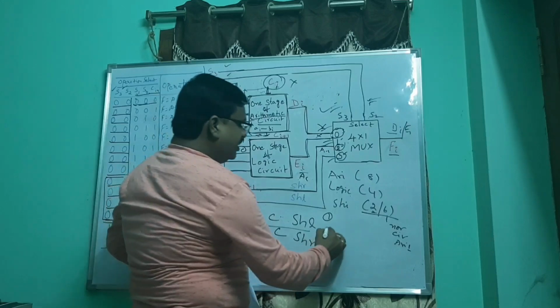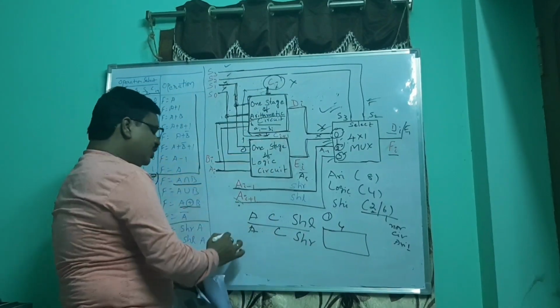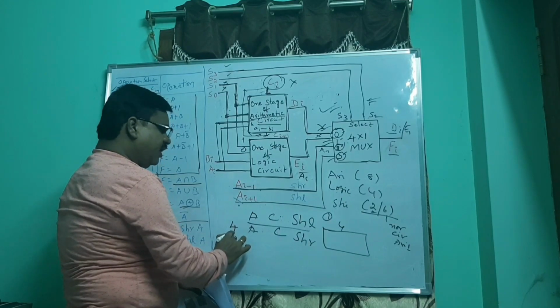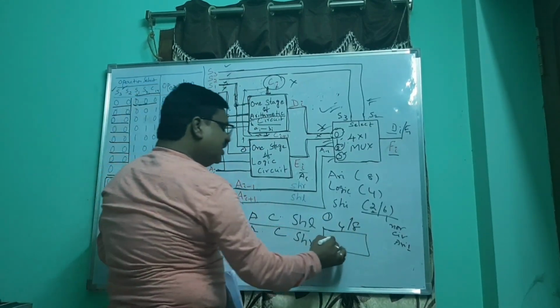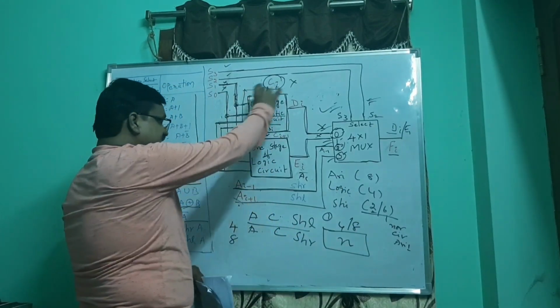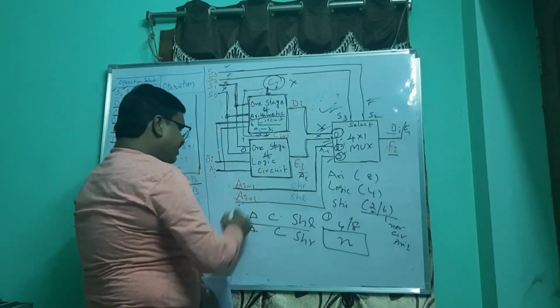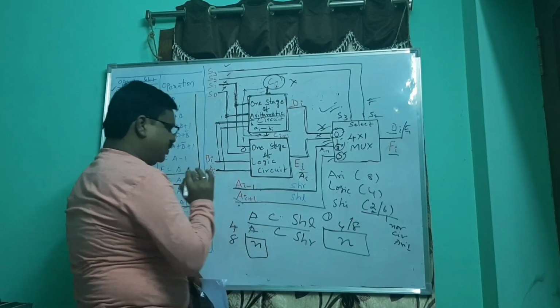If your register size is 4 bits, such type of circuits you need to have 4. If register size is 8, you need to have 8. So it depends upon the size of the register. If the size of the register is n, such 1 bit hardware circuits will be required, n circuits.